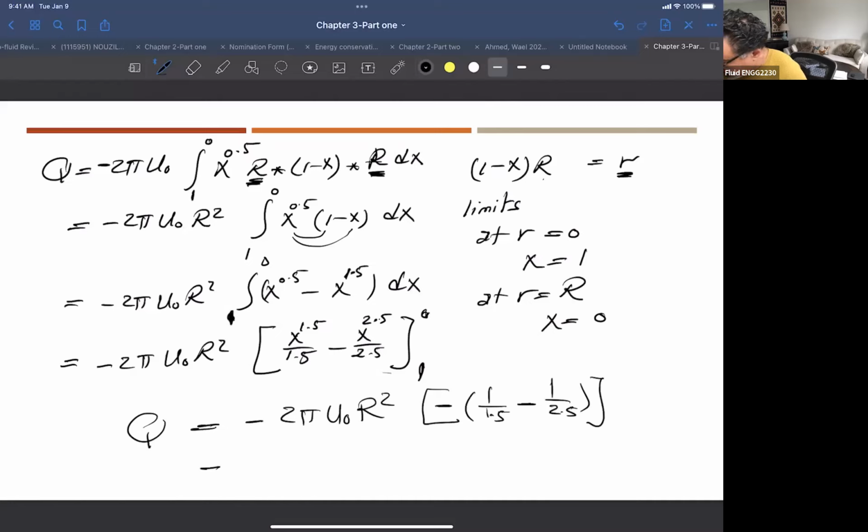You can take this value here, this is going to be 0.26. So Q at the end is, I didn't calculate it, so you guys can calculate it, right? This value here, right?